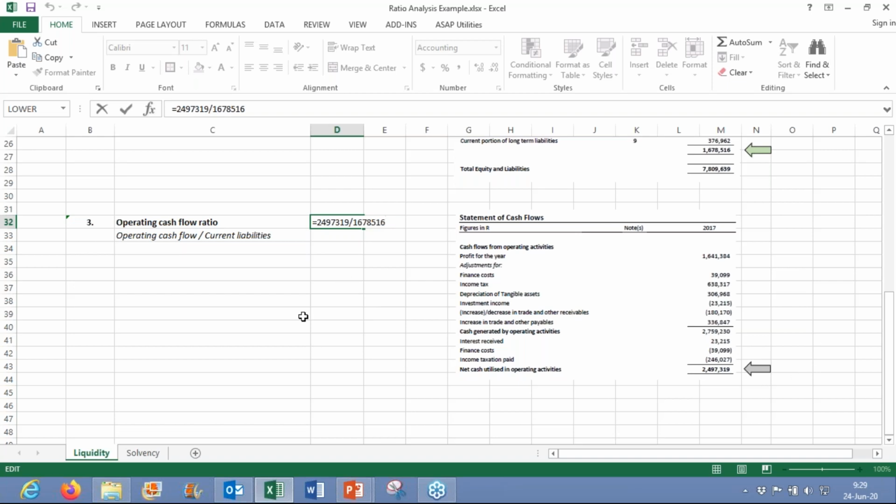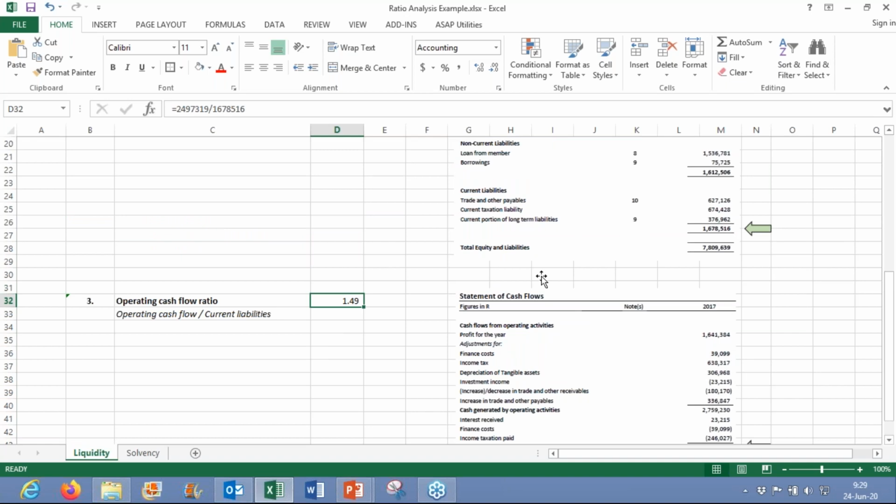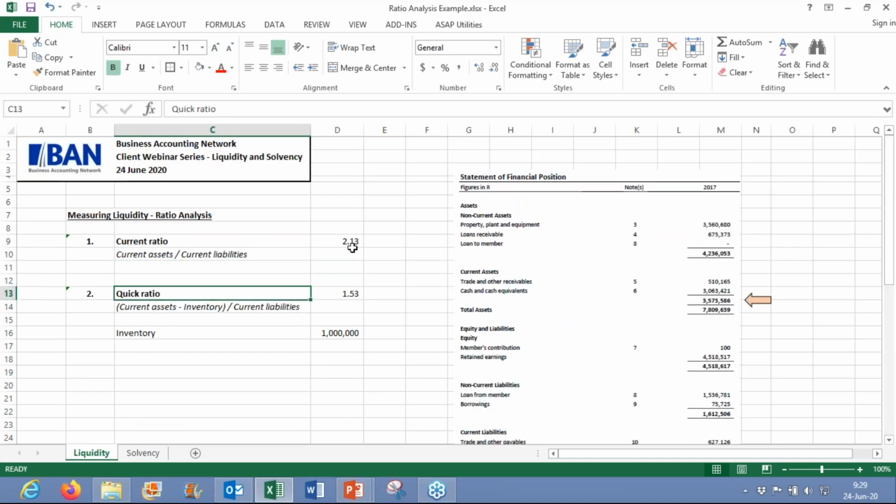So there you can see in the gray area, I've used the 2.4 or 2.5 million, and I've divided that by your current liabilities once again. And you can see here that I'm sitting at about 1.49, 1.5 covering ratio of your operating cash flow to your current liabilities. So it's showing that this company is in quite a strong liquid position. They've got a great quick and current ratio, because it's obviously taking out the inventory.